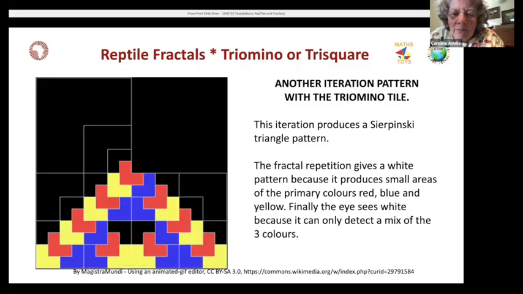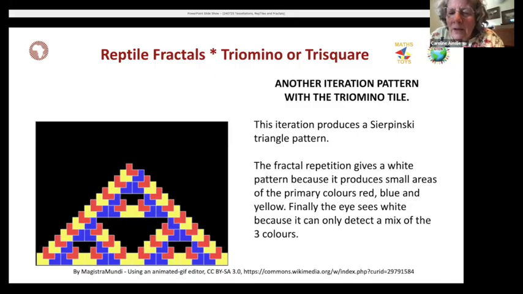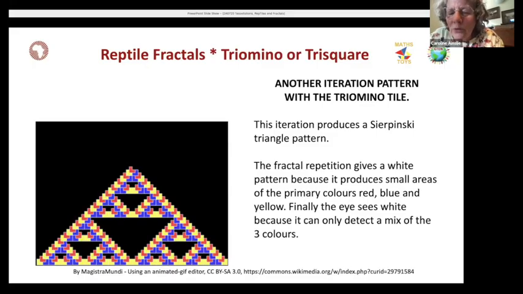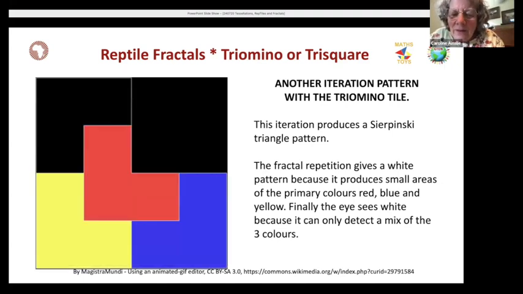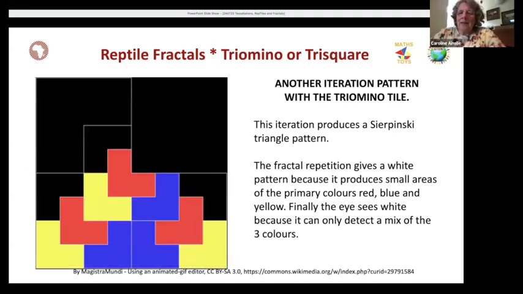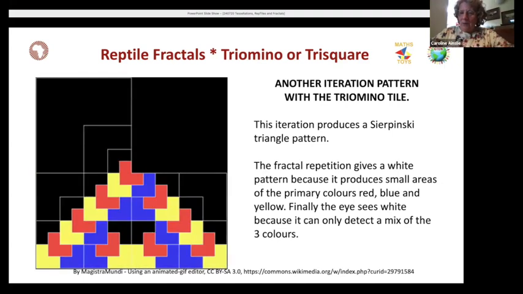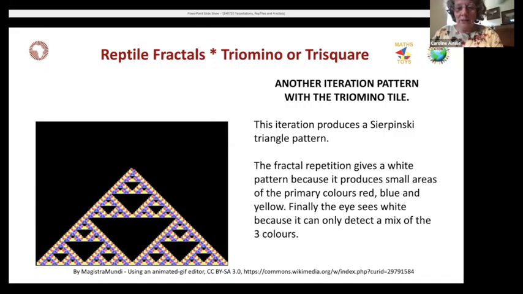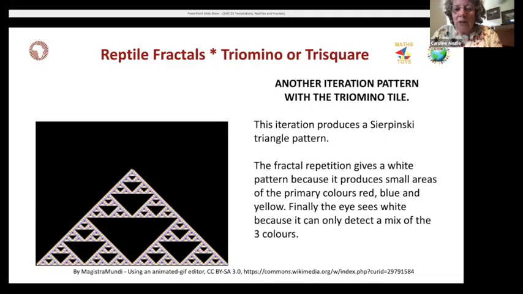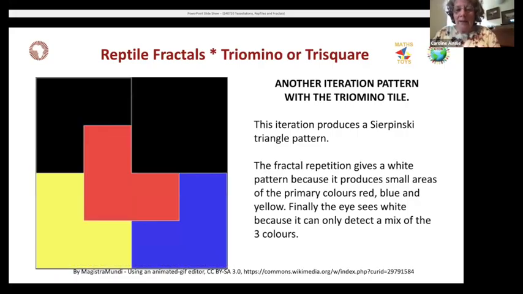And this particular fractal is named after, you say it in Polish, Wacław Sierpiński. This is a very famous fractal, and Władek, that is one of our collaborators, his father worked with him, which is, I find, extremely exciting. But as you can see, this is just made from a triomino, repeating the same pattern again and again and again.